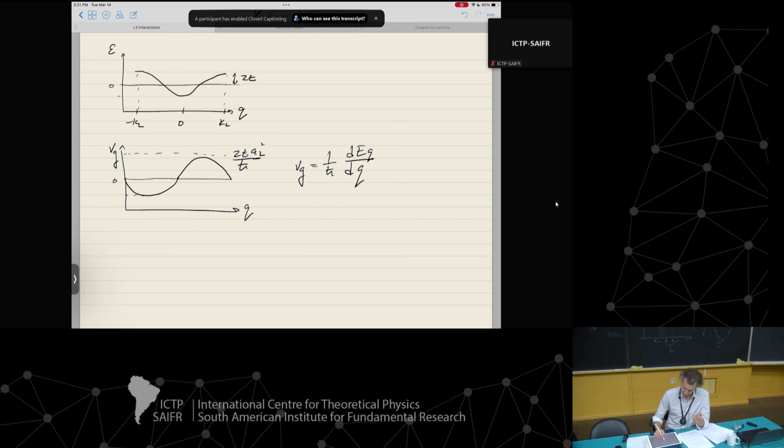This has units of velocity. Okay, and so the picture is that if I have something that's sitting, let's say, here in quasi-momentum, then it's sitting here in group velocity, and so that's telling me that something with a positive quasi-momentum is also moving along with a positive movement through the lattice.